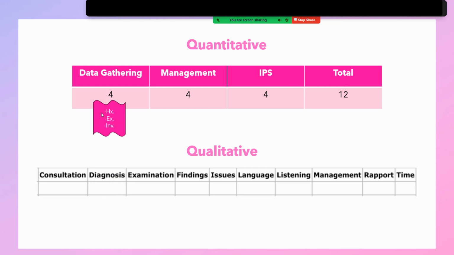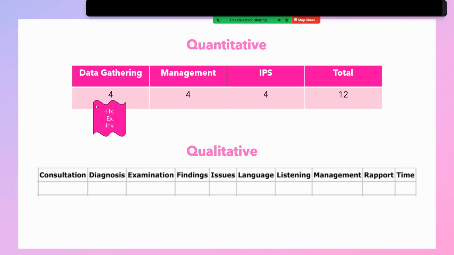you will be marked on what? On taking relevant history, on doing relevant examination, on ordering the relevant investigations, and put 100 lines under relevant. You have to be relevant.